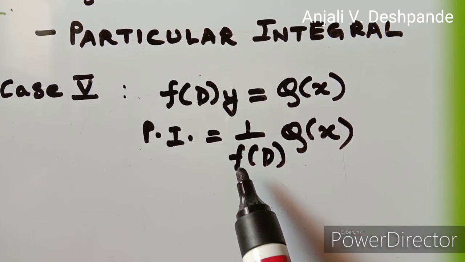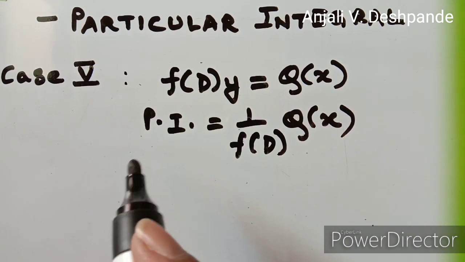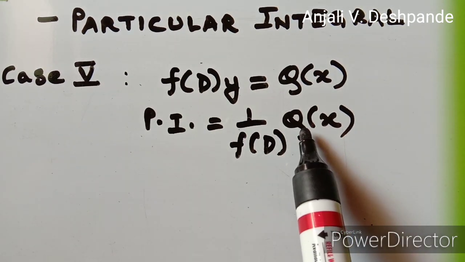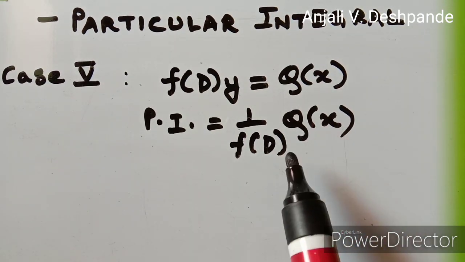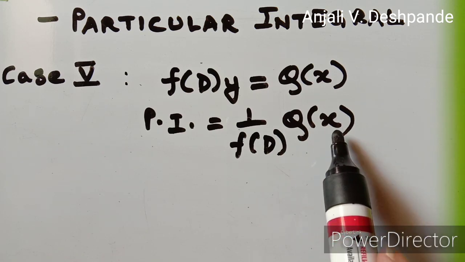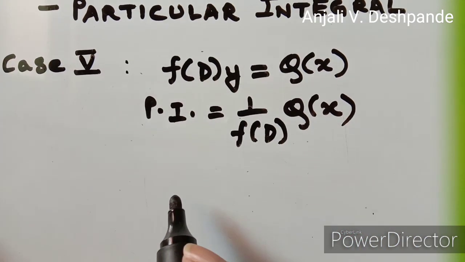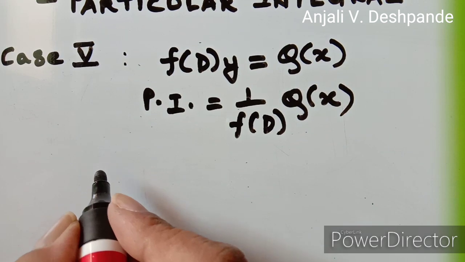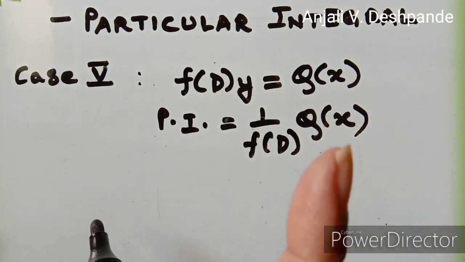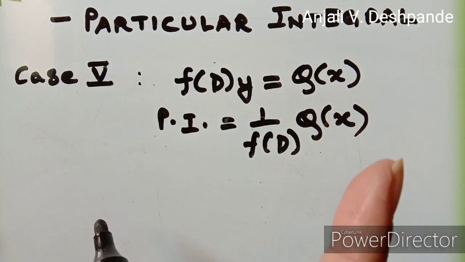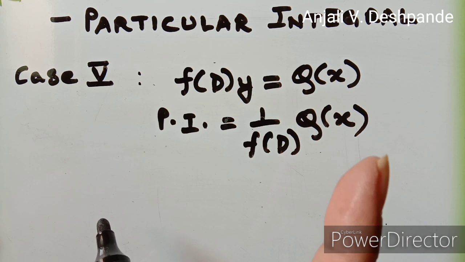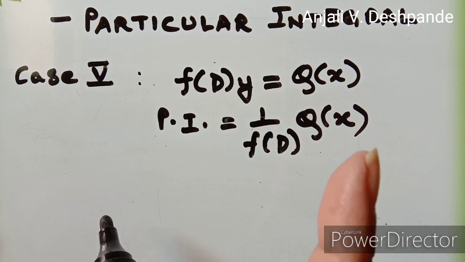So far we have seen 4 cases and we have seen what type of function this Q can be. But supposing this Q is not covered under any of the 4 cases which we had discussed earlier, and the link to the 4 cases is also being provided here, so you can go through that video once again.